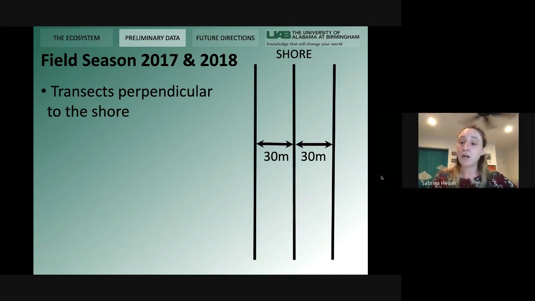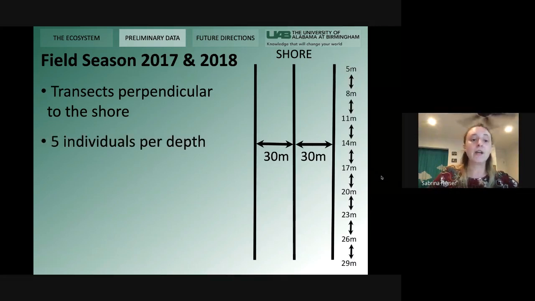Where possible, we conducted 3 transects per site that were 30 meters apart from each other. Then we collected 5 individuals from each of the 3-meter depth intervals. That was our goal, but obviously we couldn't always find enough individuals at each of the depths, so sometimes we had a few less individuals.